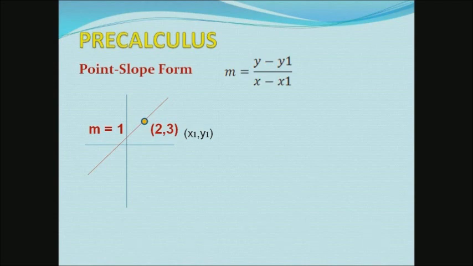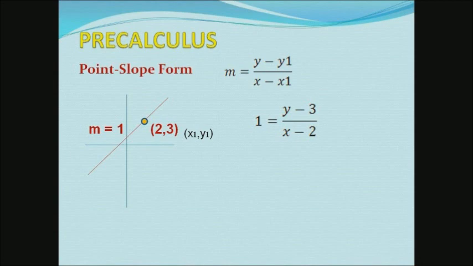Now, all we have to do is to simply substitute the values of m, x1, and y1 to the given point slope form. And so we will have 1 equals y minus 3 all over x minus 2. It's because we substitute the values of m, x1, and y1 to our point slope form.